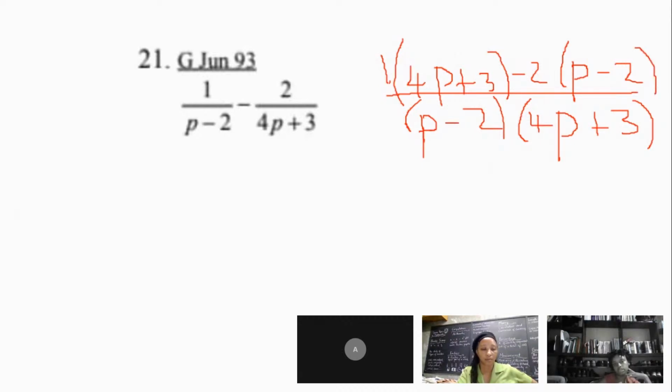So 1 times 4p plus 3 is 4p plus 3. And negative 2 times p is negative 2p. And negative 2 times negative 2 is positive 4.